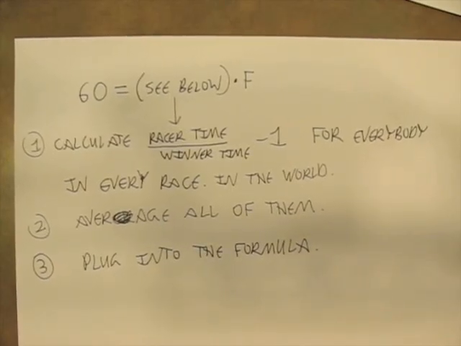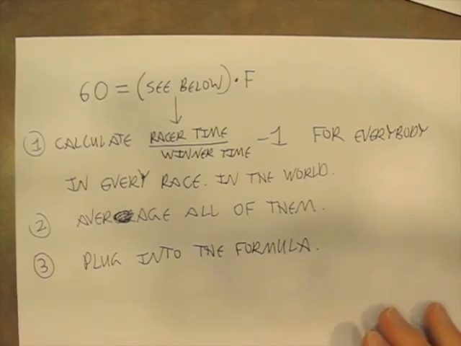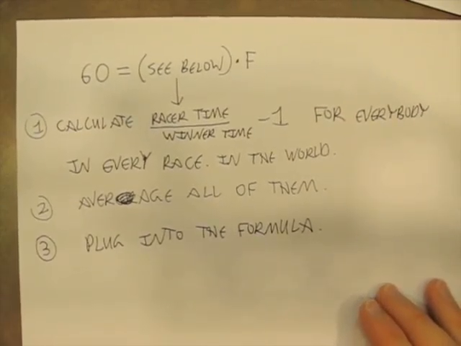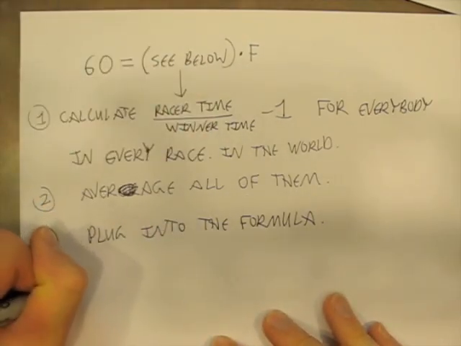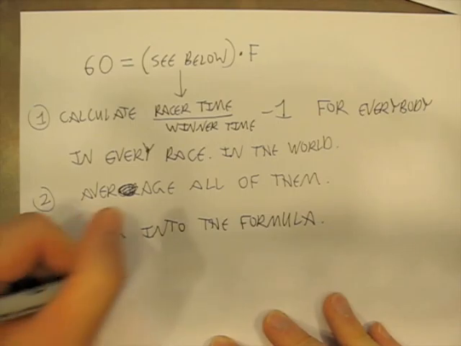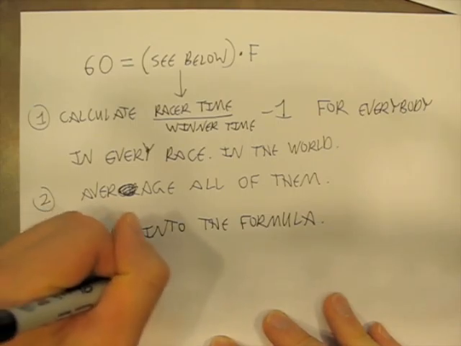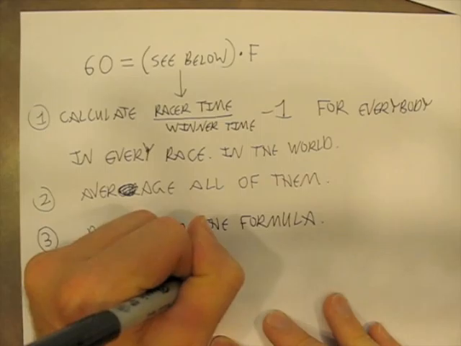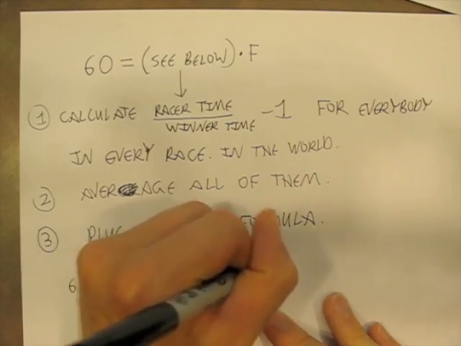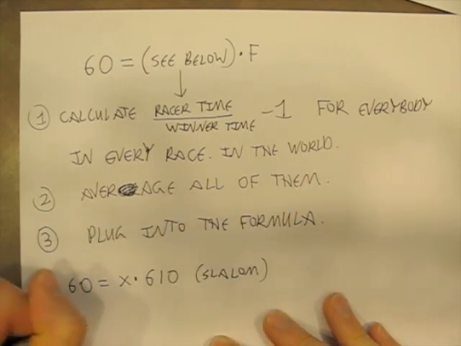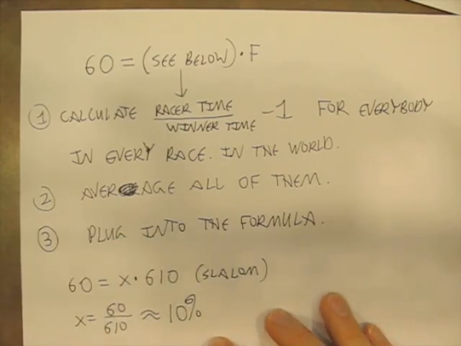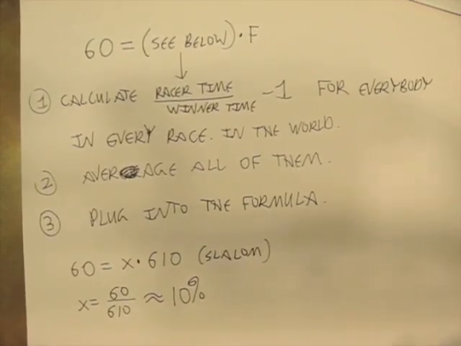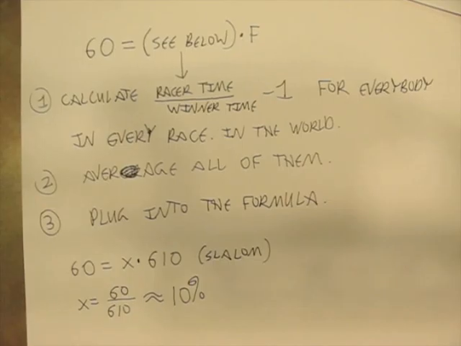Okay, so if I want to know that, I'm going to say 60 equals x times 610 for slalom, x equals 60 divided by 610, which is approximately 10%, roughly speaking. I'm not going to go deeper than that.